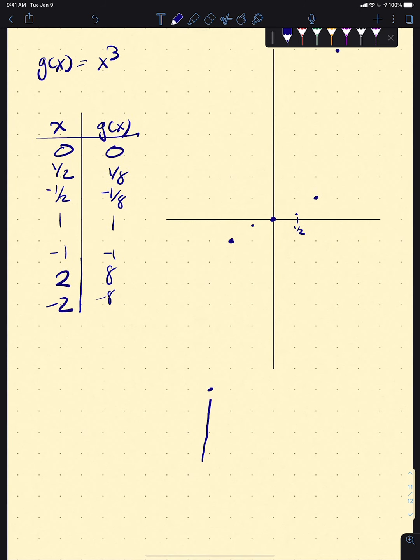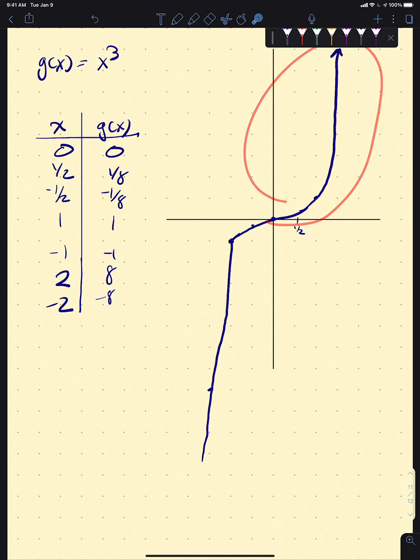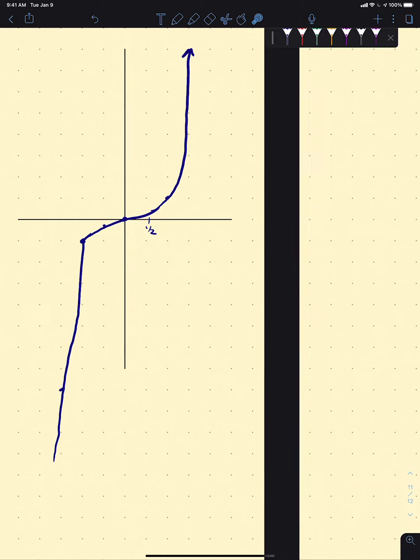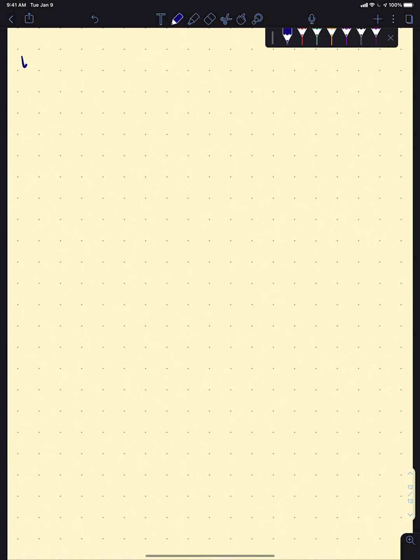Unfortunately, my hand is not the smoothest, so you'll have to forgive me, but our graph is going to look something like this. This side, I will say, looks much better than this side, but it's the thought that counts, I guess, right? We'll do one more of these.